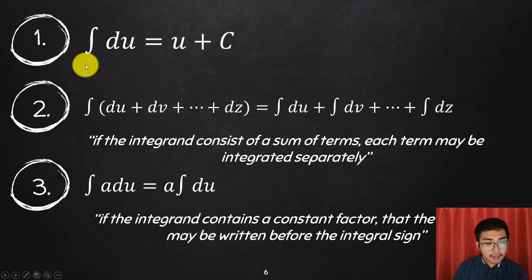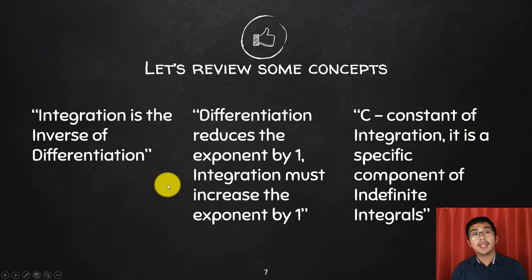So these are the very basic properties or general properties of indefinite integrals that you should be aware of: the integration concept, the distributive property of the integration process, and the factoring out of constants out of the integration process.